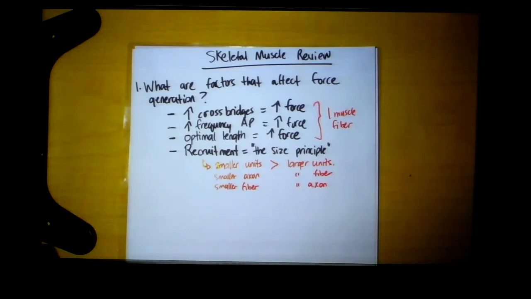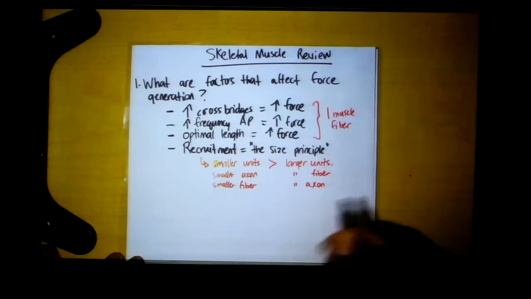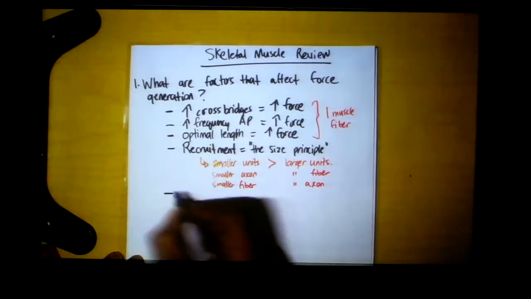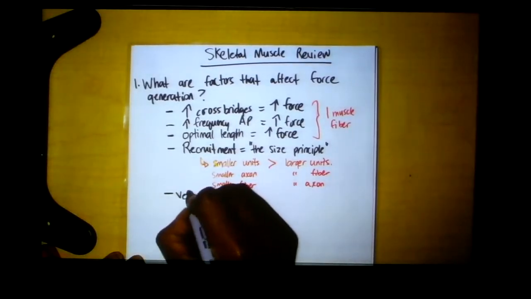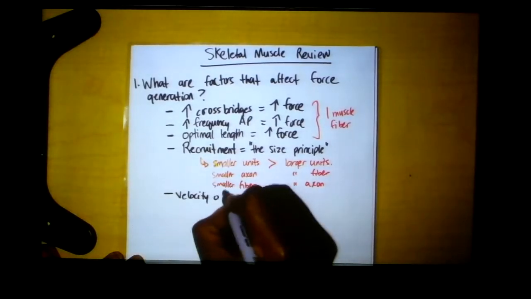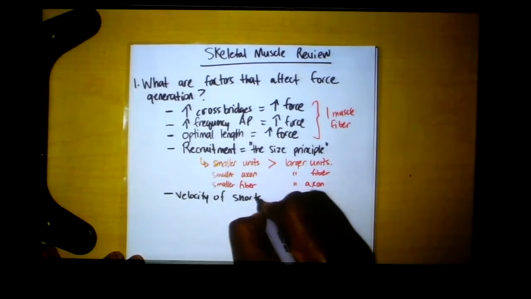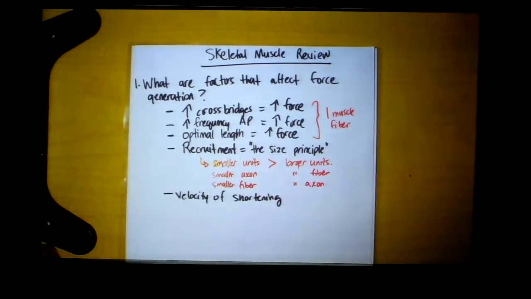The next thing we spoke about as far as force generation was the velocity of shortening. And what were the three factors that we said were affected with the velocity of a heavier load versus a light load? We spoke about three factors with the velocity.